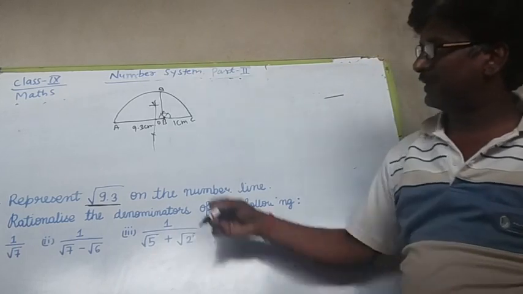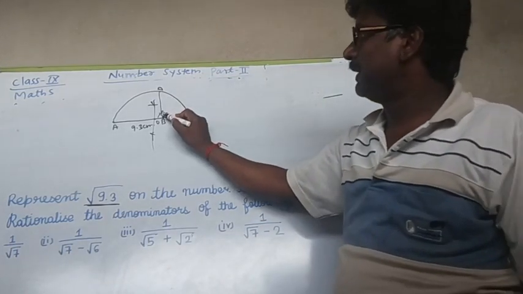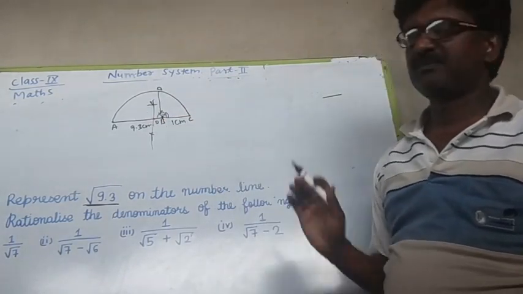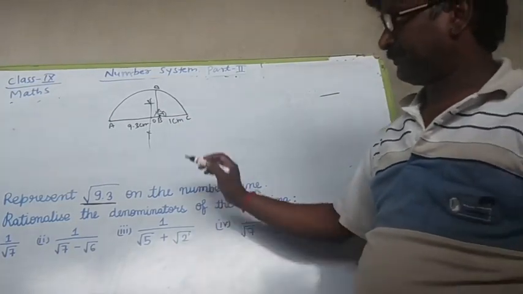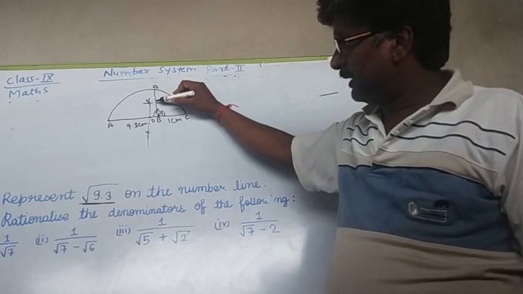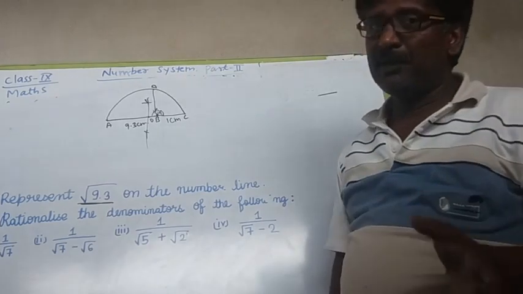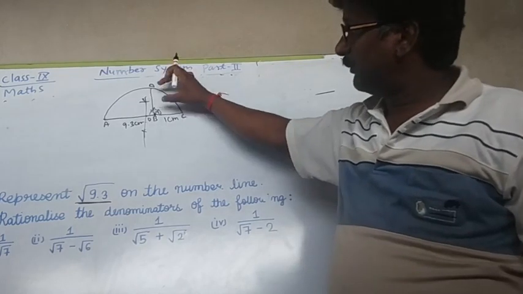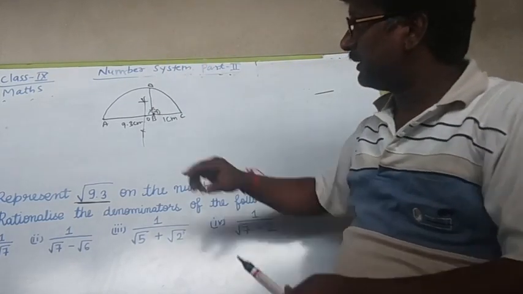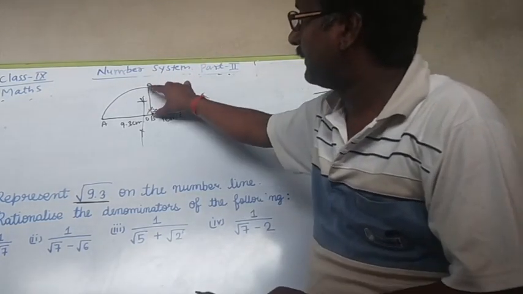So now it can be said this DB is perpendicular on BC or AC. After that, with center B and radius BD, once again we have to draw an arc like this.